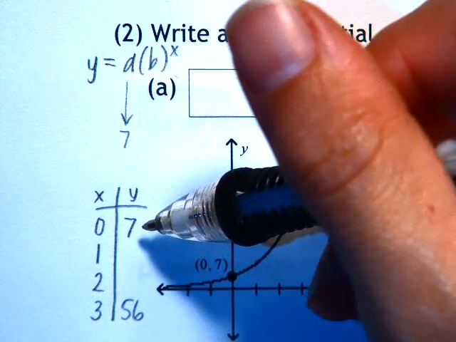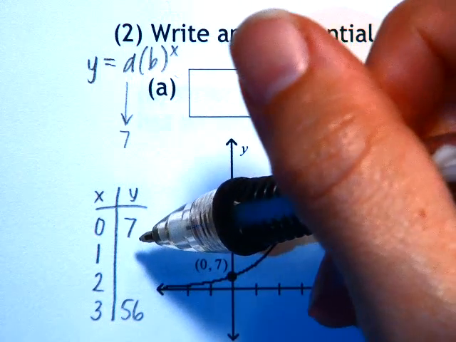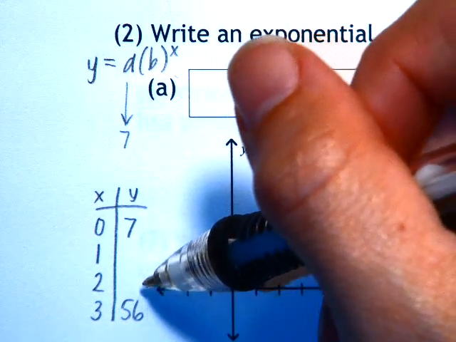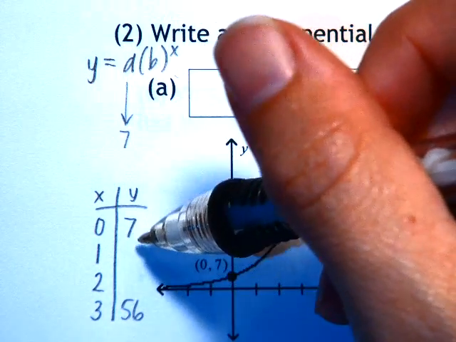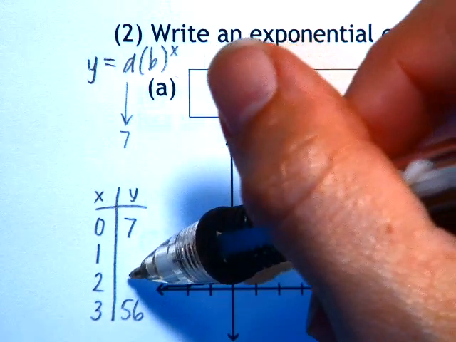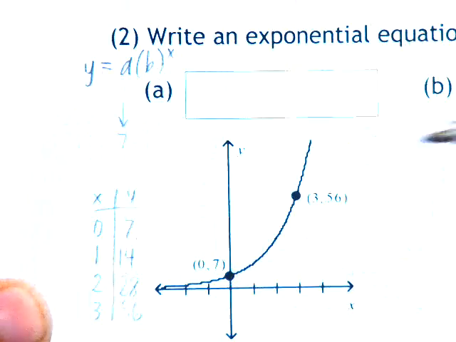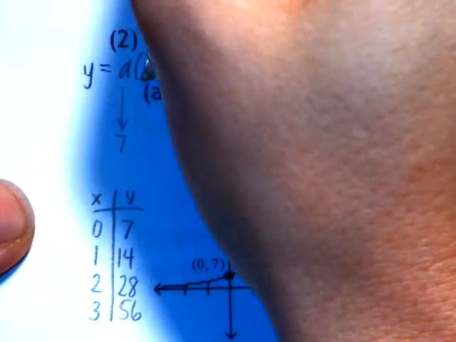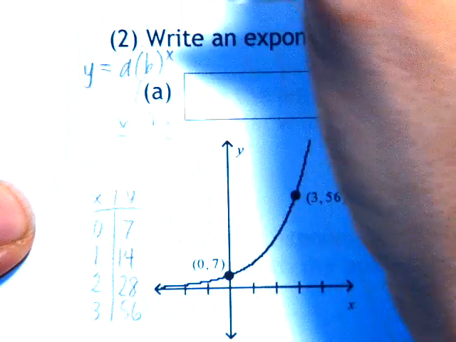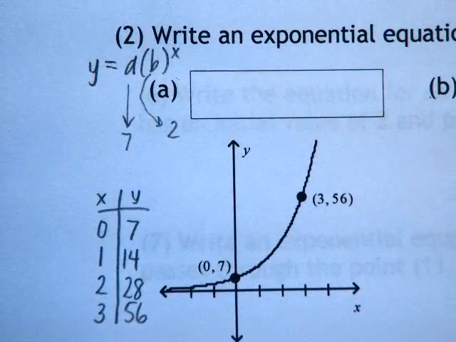That's too big. So thinking smaller, 7 times 3, no, that's too big. 7 times 2. 7 times 2 is 14, times 2 is 28, times 2 is 56. So it actually looks like times 2 would work as a multiplier. And that means by inference then I can assume that the multiplier is 2.